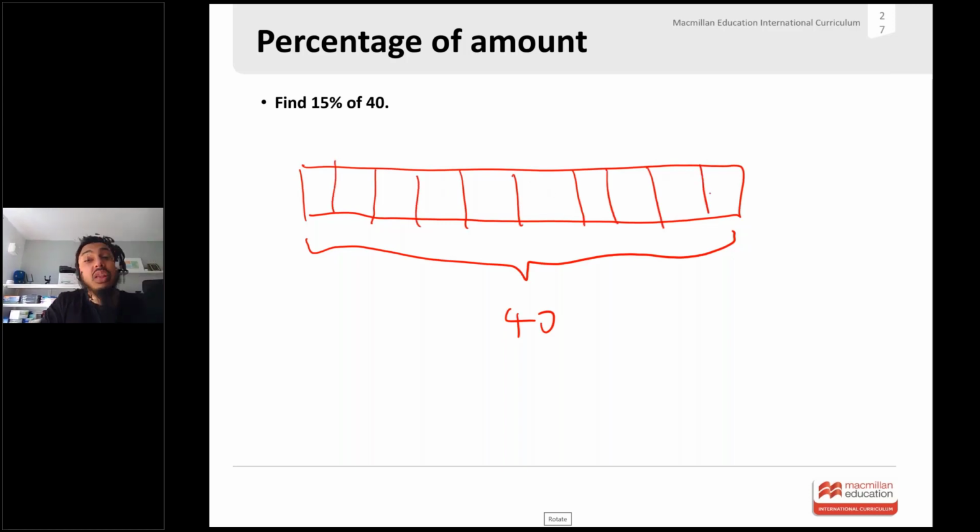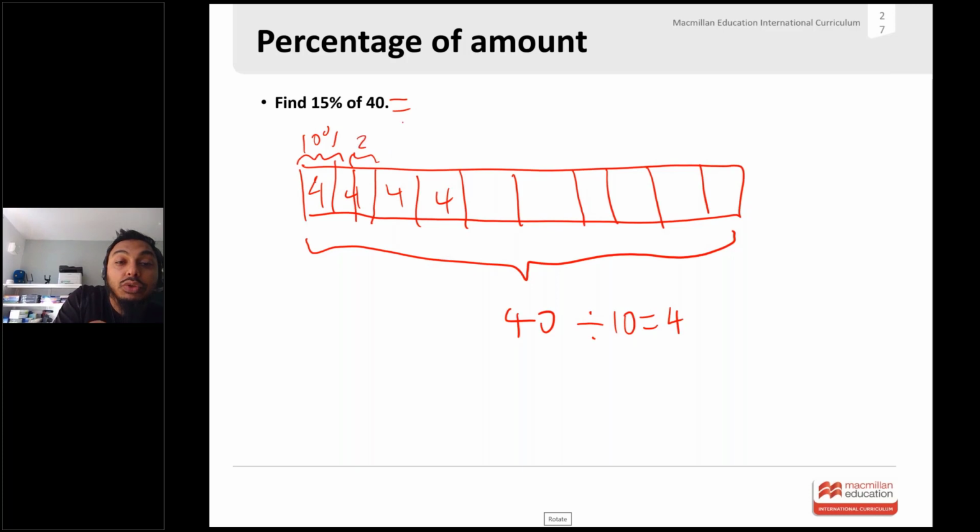So 40 divided by 10 equals 4, so each of these is 4, and that's 10%. So 5% must be half of that, which is 2. So 4 plus 2 is 6. So 15% of 40 must be 6. Hope that makes sense. Because we're looking at 10%, we're saying how many 10% make 100? That's why we have 10 of these blocks.